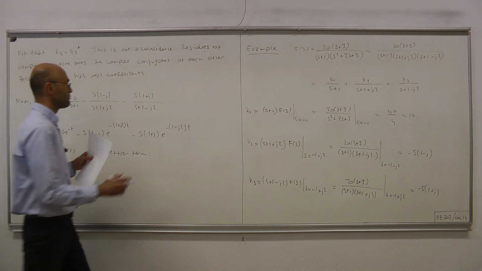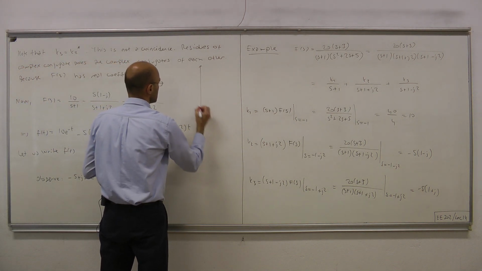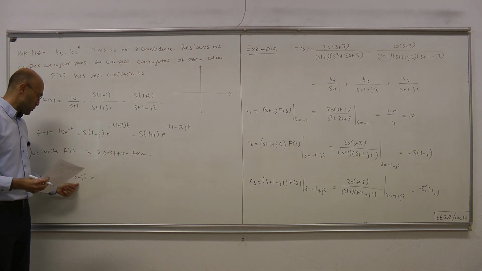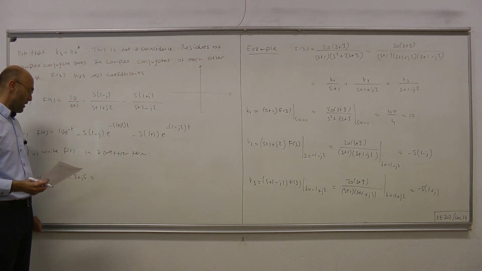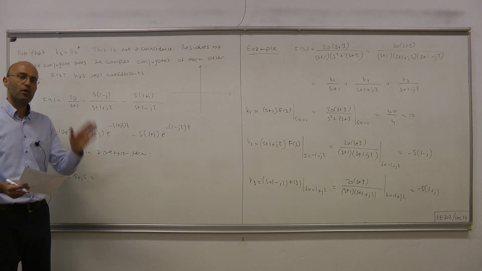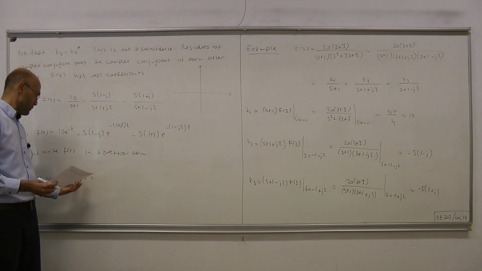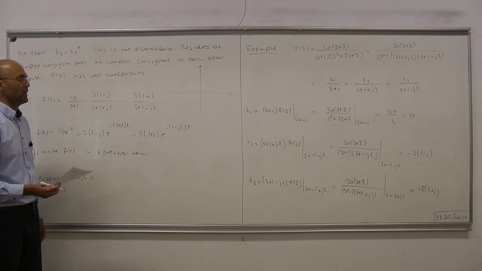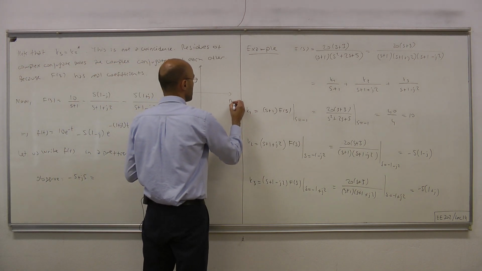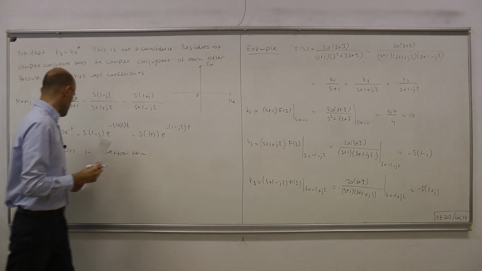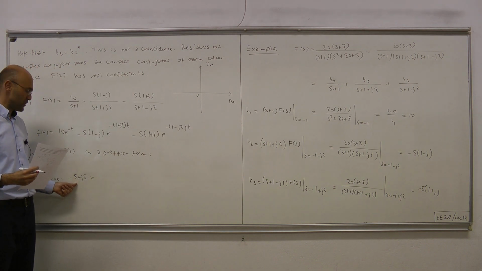For that, let's quickly draw or express this number, minus 5 plus j5, on the complex plane as a vector. When we do that, we're going to see immediately what the magnitude should be and what the phase should be. So this is our complex plane, real, imaginary. This is the origin. Now this is our complex number.